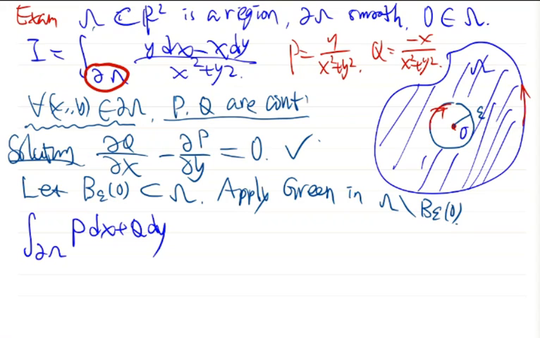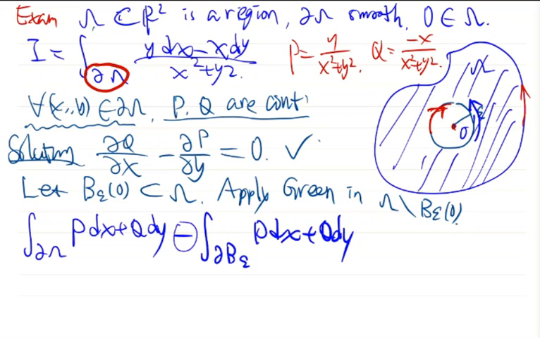Therefore, when you go around the curve, you need to ensure that omega is on your left side. So it should be oriented in this way. But we also consider another orientation, that is counterclockwise. If you orient the circle anti-clockwise, you need to add a negative sign.